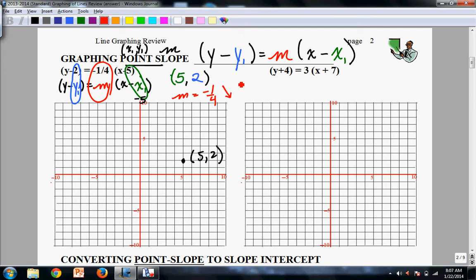And your slope, we know, is going to go down. So my rise is 1, and I'm going to go left 4: 1, 2, 3, 4. Or I'm going to go down 1 and over 4: 1, 2, 3, and 4. There's your line.